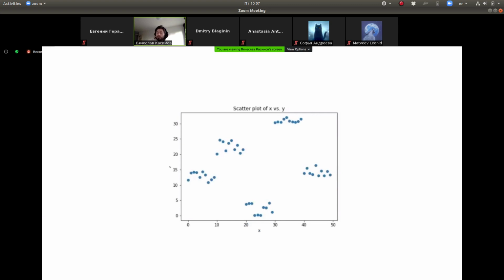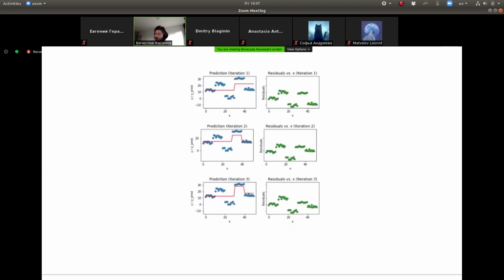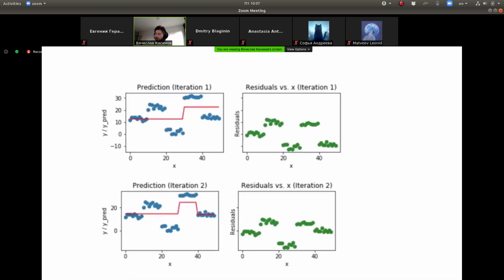For example, let's see what it will fit. We have a one-dimensional regression problem. These are our answers, this is our only feature, and these are our data points. Let's fit them. Okay, let me zoom.